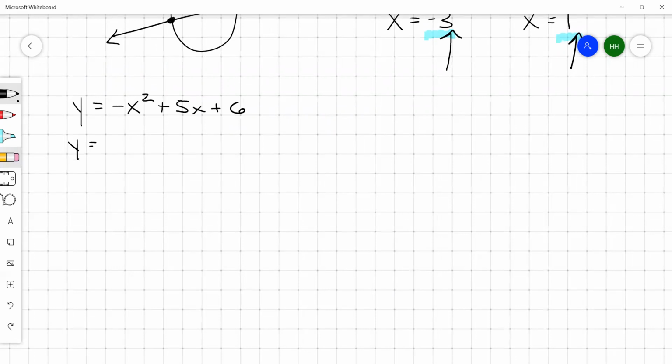And y is equal to x plus 6. Same situation, two equations that are equal to y, so the equations are equal to each other. So we get -x² plus 5x plus 6, and it's equal to x plus 6.